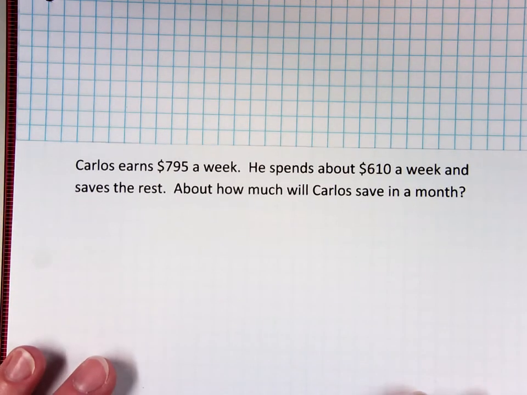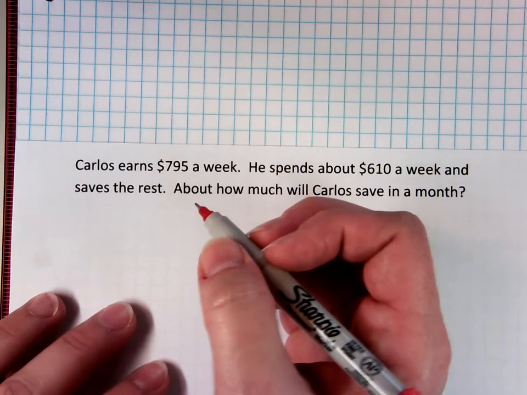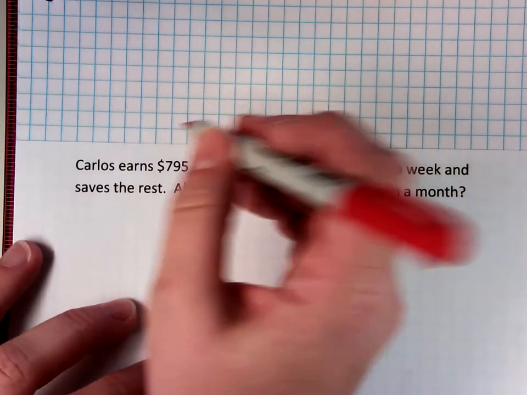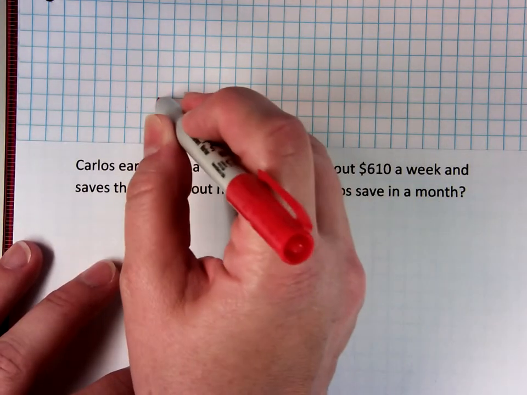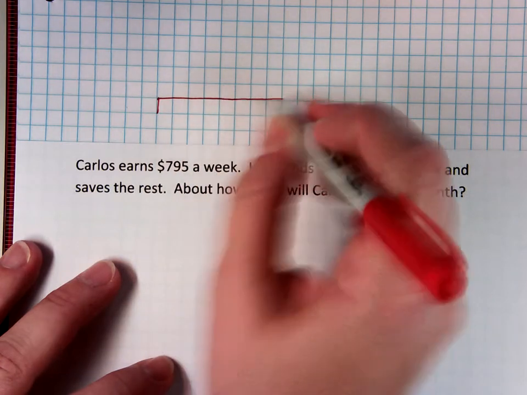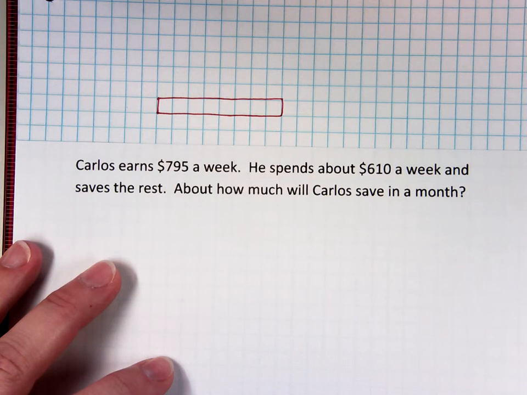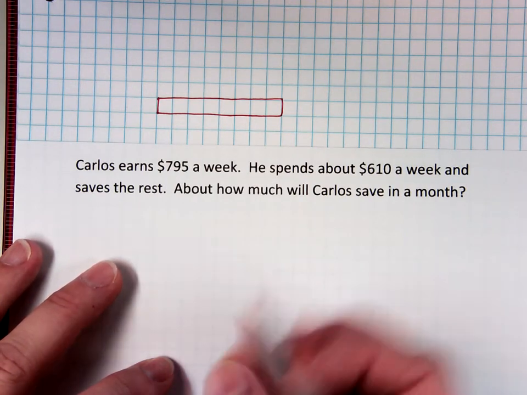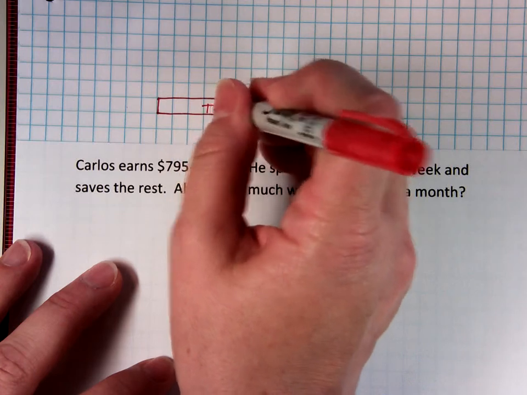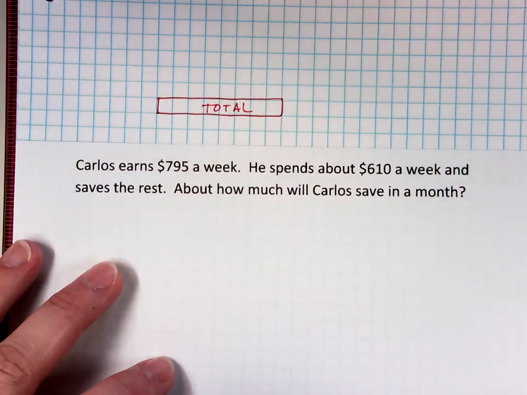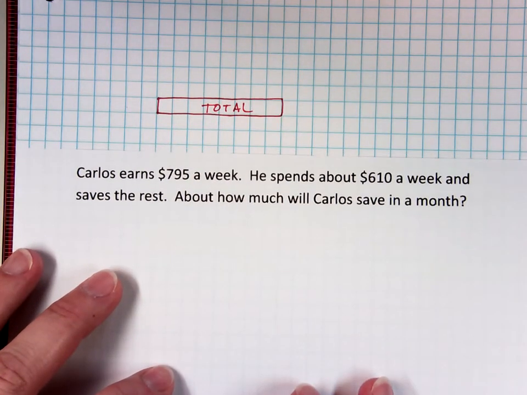I'm going to draw my picture on top of it this time so that you can see these boxes here. This is a visual that's going to help me. This is what Carlos earns every week. This is his total. And he splits it up. He spends the majority of his income.